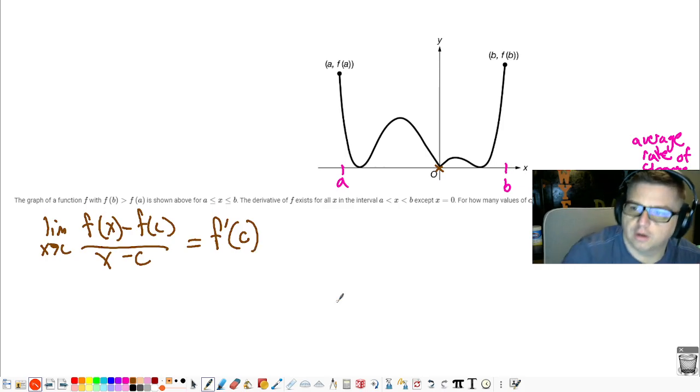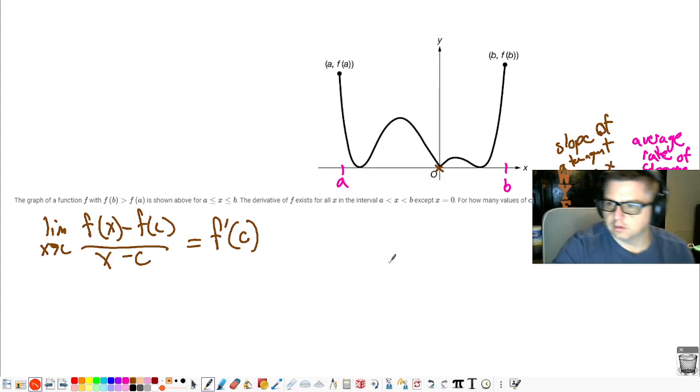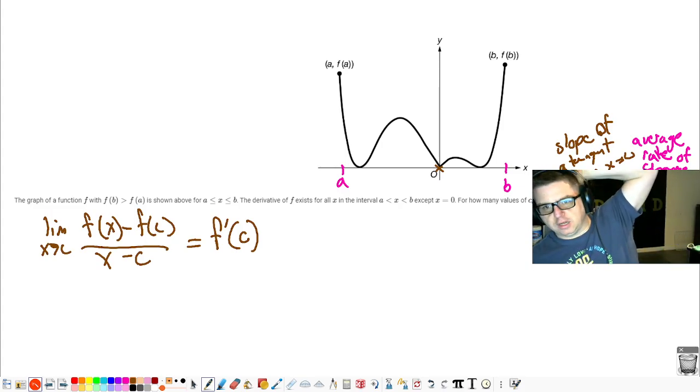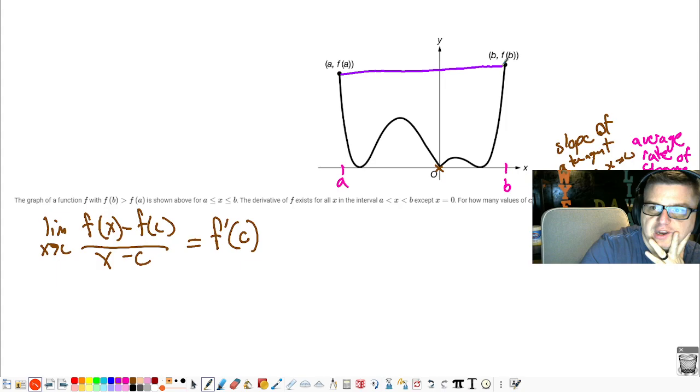So they want to know when the slope of a tangent at an x value, we'll say x equals c, at some c value that's equal to the rate of change. So what's the rate of change? Well, this is connecting that.